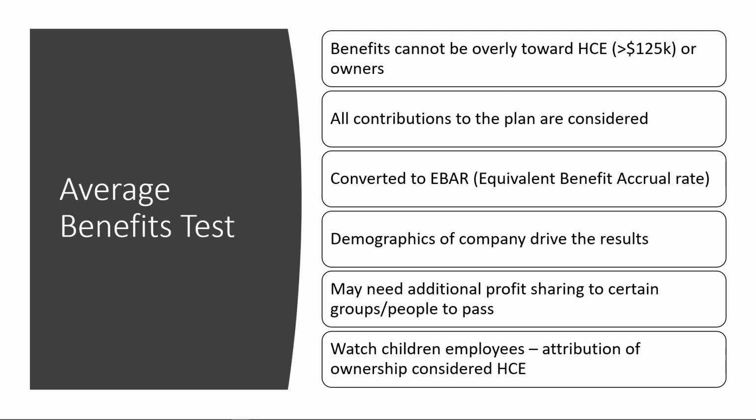The demographics of the company drive the results on this. There's no way around it. If you have an employee base that skews older, sometimes it's tough to skew the benefits towards you as the owner. But it's totally dependent on the demographics.